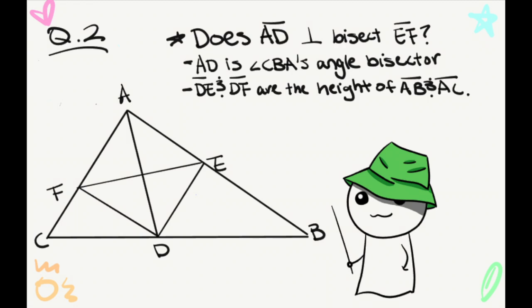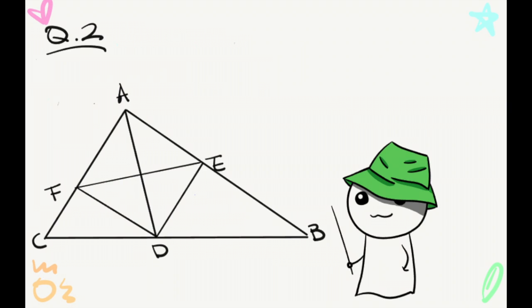The question is, does AD perpendicularly bisect EF? So right now we know that AD is angle CAB's angle bisector, and we know that DE and DF are the heights of AB and AC. To make AD perpendicularly bisect EF, AF and AE must be the same, and DF and DE must be the same.